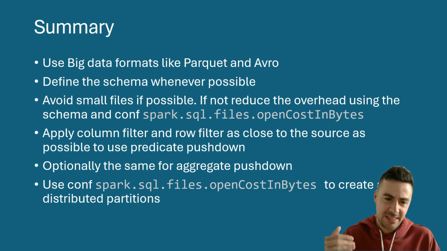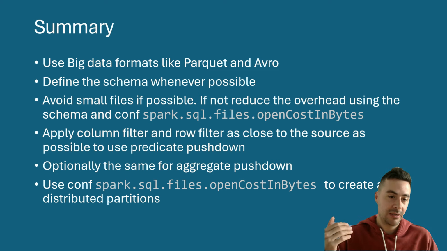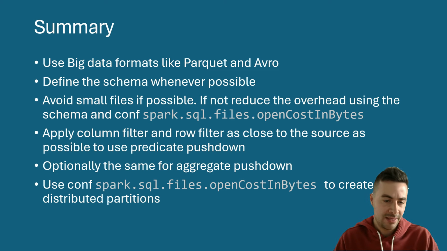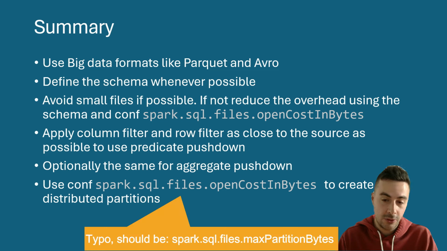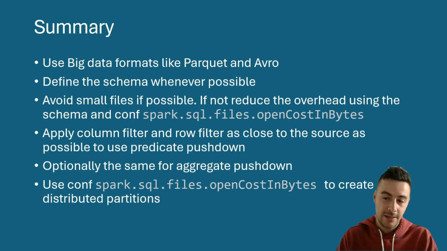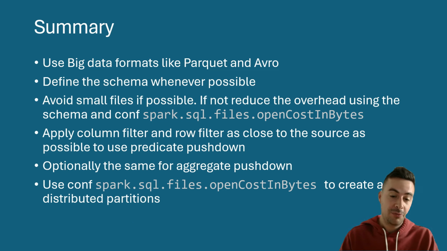So the first thing, decide which rows and columns you need, and then do all the other fancy aggregations, joins, and other transformations. That's how you're gonna be most efficient. And the last thing is use the conf. Okay, that's a typo, sorry for that. Use the maxPartitions config to create distributed partitions.